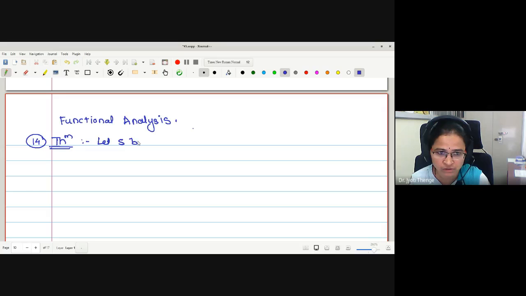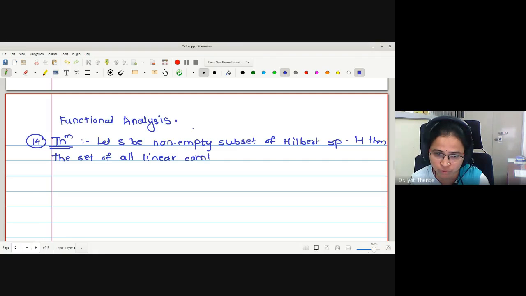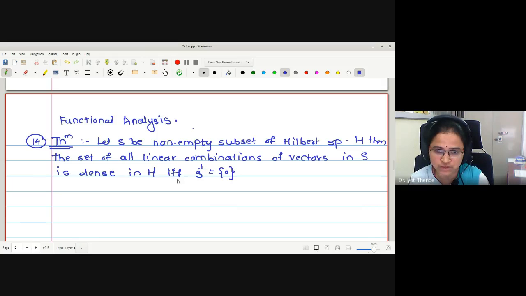The statement is: let S be a non-empty subset of Hilbert space H, then the set of all linear combinations of vectors in S is dense in H if and only if S perp is equal to singleton 0.